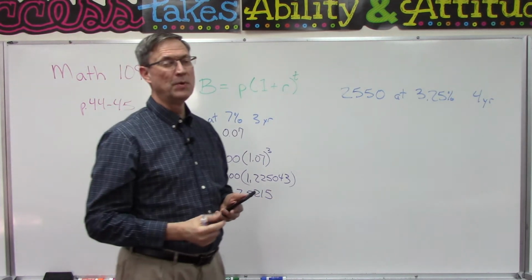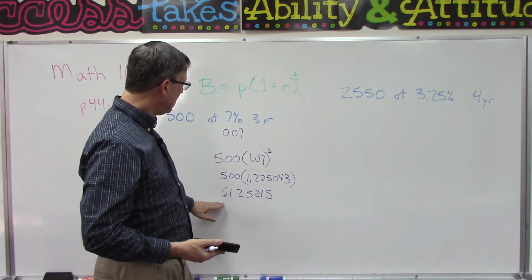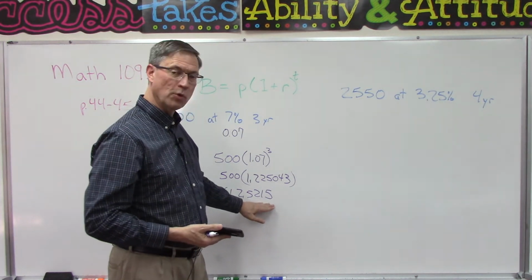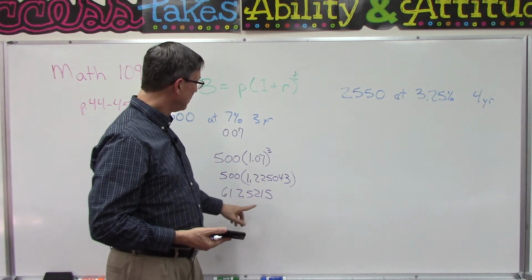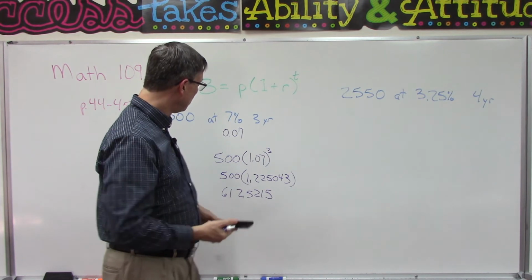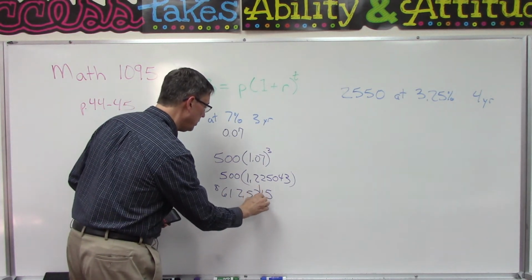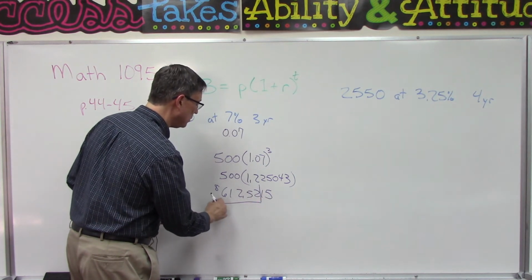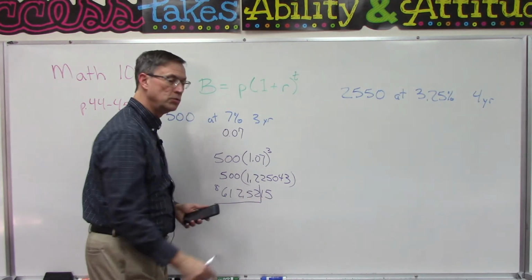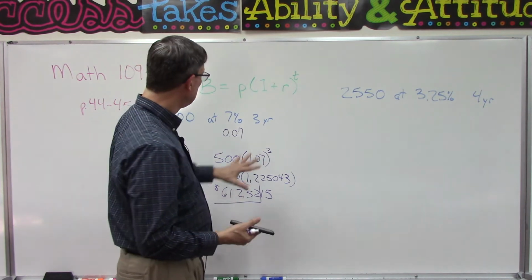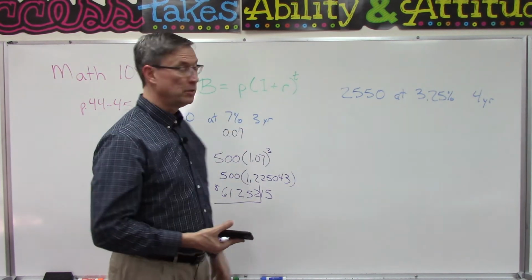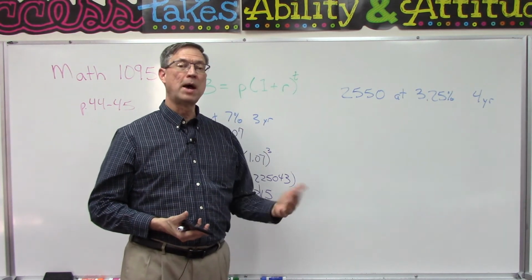Now we can round it off because money does not go out to 4 decimal places, right? So when we're doing dollars and cents, we would round this off to right here, 2 decimal places, so $612.52. And I think that's the problem that was on the illustration on the bottom of page 44.